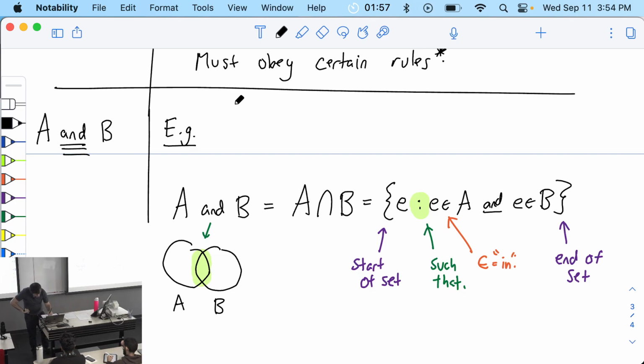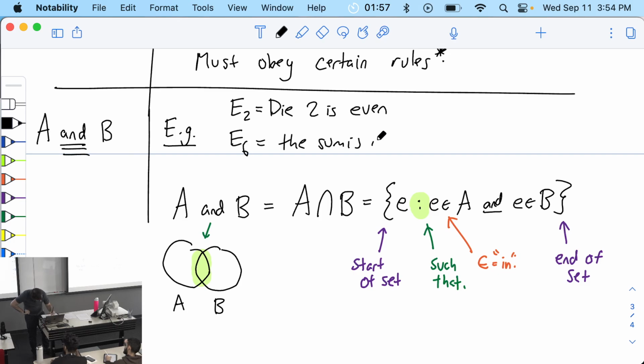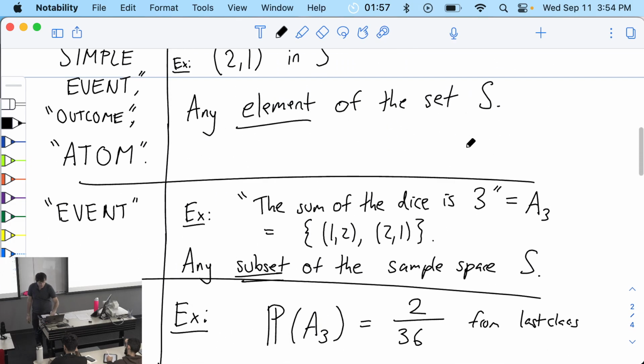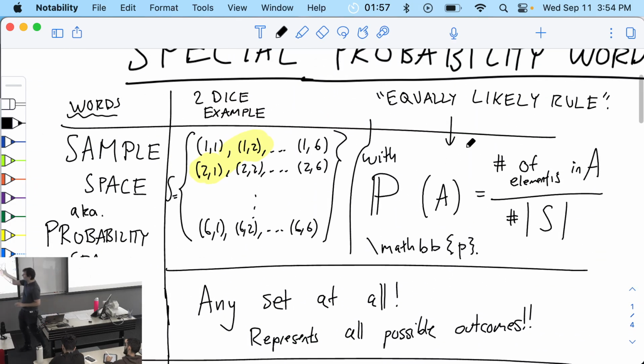So if E2 is the event that die 2 is even, and E6 is the event that the sum is no more than 4. These are both events on this probability space that we talked about last class of all the dice rolls. I think they even got highlighted last time. So E2, dice number 2 shows an even number, these are like rows. So E2 is like this row, and the 4th row, and the 6th row.